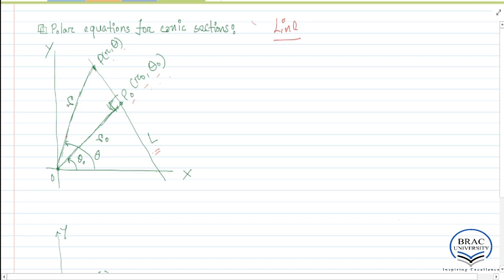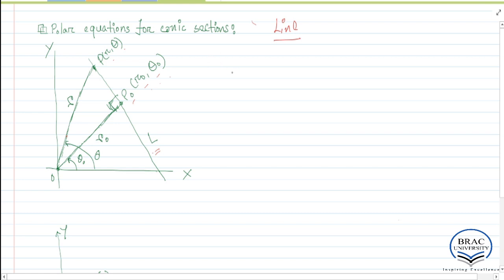Now notice that this line OP, this line OP naught and PP naught, these three lines form a triangle, and the sides of this triangle are r, r naught and PP naught. Also notice that this triangle is a right angled triangle.